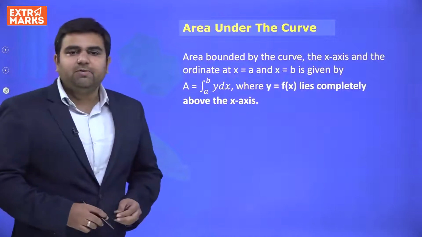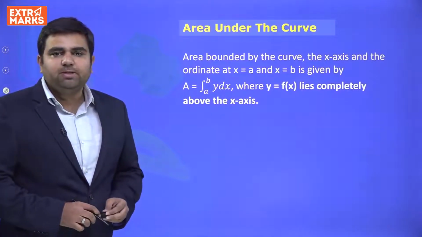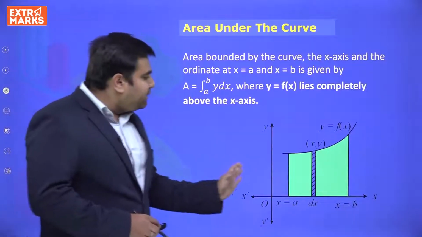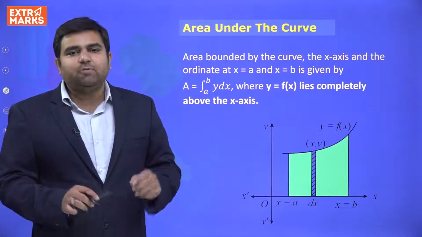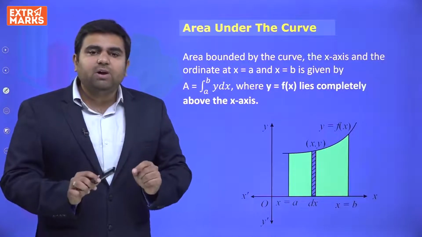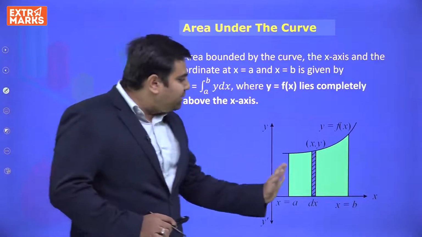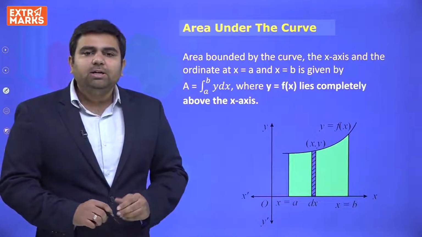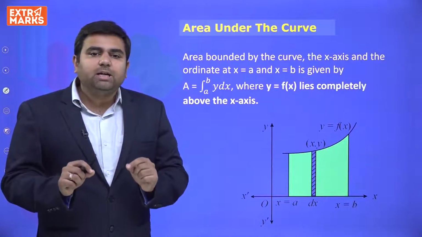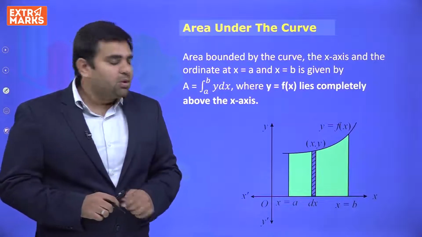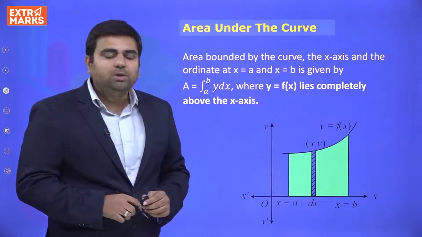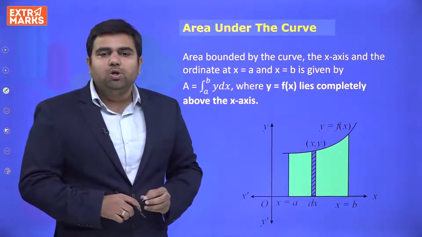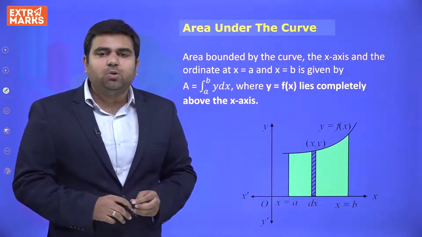Let us consider that we have a curve y equal to f of x, and this curve lies completely above the x-axis. This is the first case. Now we need to find the area bounded by the curve y equal to f of x, the x-axis, and the ordinates x equal to a and x equal to b.